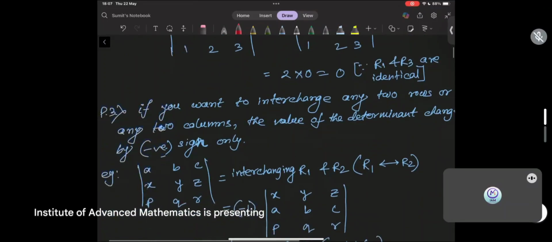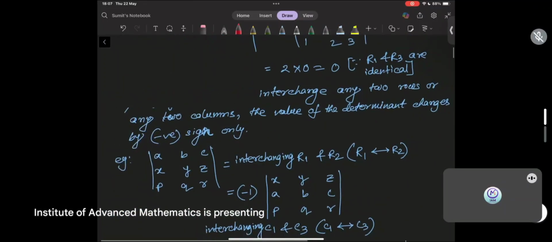Property 3: if you interchange any two rows or any two columns, the value of the determinant changes by a negative sign only. Suppose I have taken an example, a determinant with rows a b c, x y z, p q r.